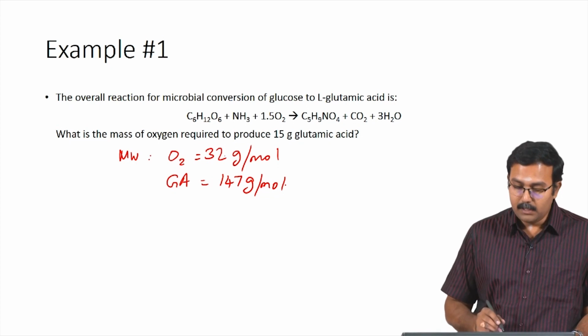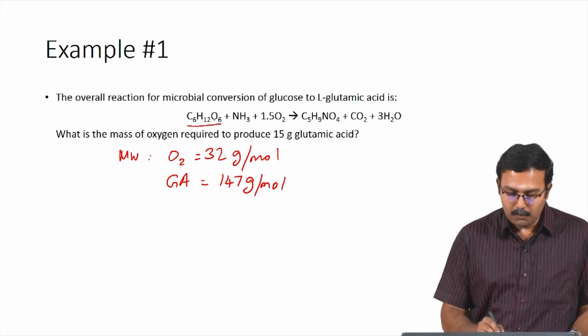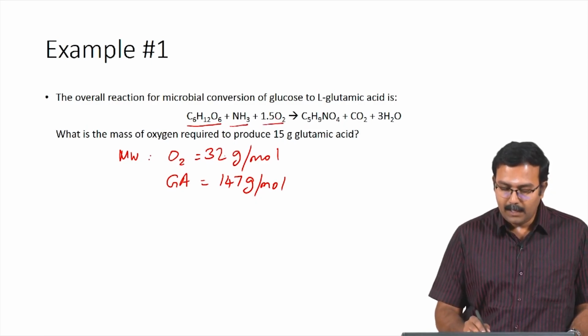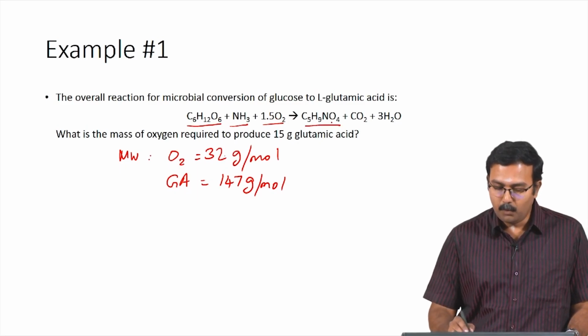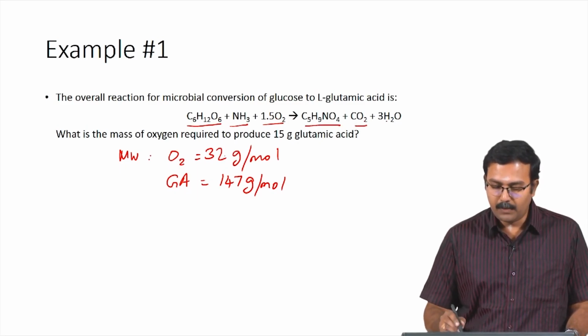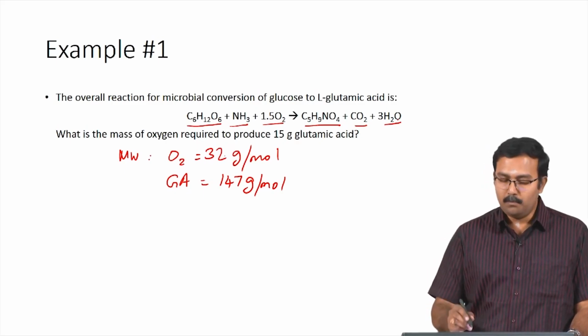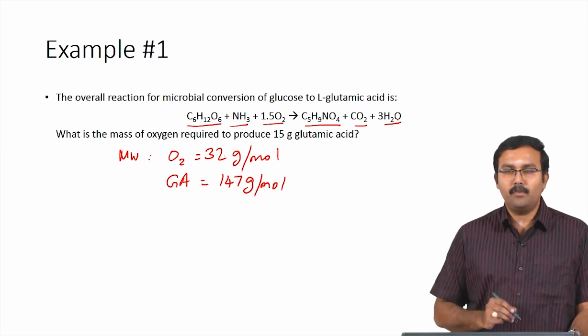So now that we know this, look at the stoichiometry of the equation. It says that 1 mole of glucose reacts with 1 mole of ammonia and 1.5 moles of oxygen to form 1 mole of glutamic acid, 1 mole of carbon dioxide and 3 moles of water. So 1 mole of glutamic acid is produced by 1.5 moles of oxygen.